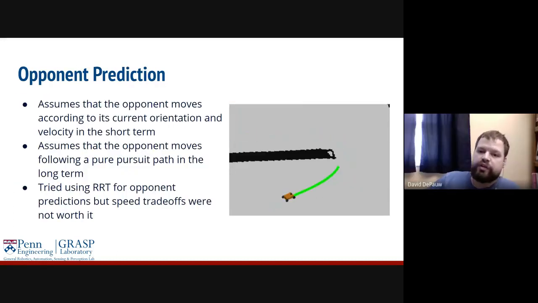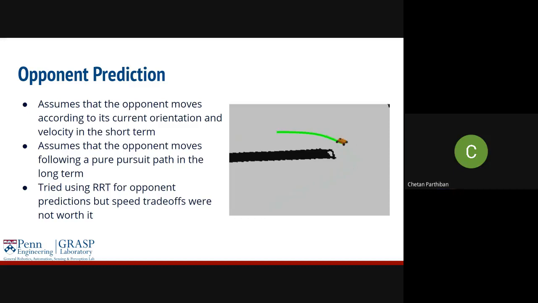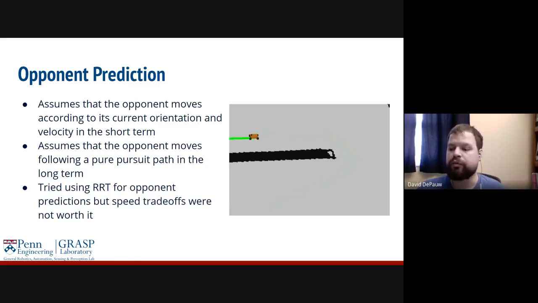So we started thinking about how we want to combine RRT star with dynamic obstacle avoidance. And the first thing we need is a prediction for the opponent car. We more or less just followed the outline in the Vision Lab, where we plan a pure pursuit trajectory and combine that with their linear current velocity.